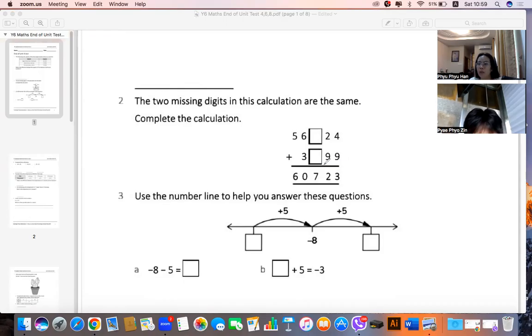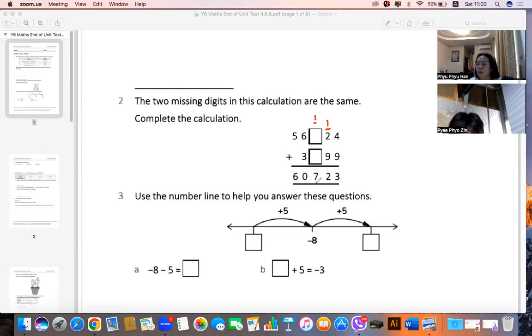Now we will try to find the number here. 4 plus 9, what do you get? 13. So I write 3 and I put 1 here. So 10 plus 2, what do you get? 12. So I write 2 and I put 1 here.